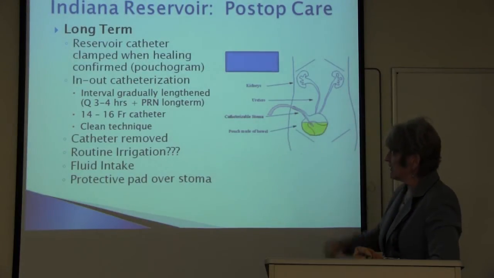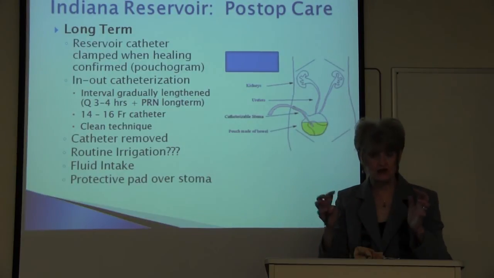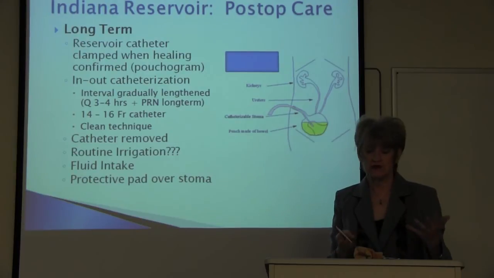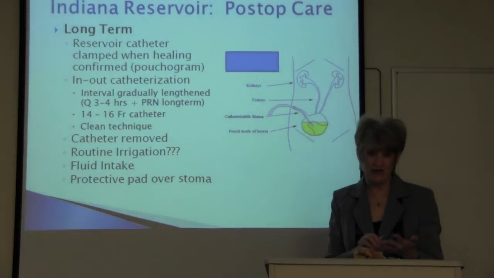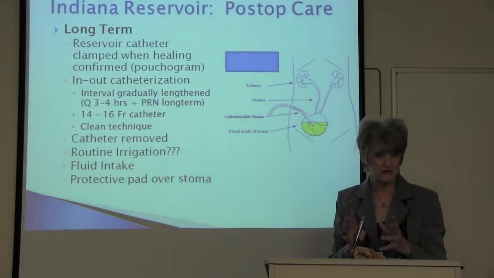As we've talked about before, with in and out catheterization, you gradually lengthen the interval because you're gradually stretching the reservoir. Most of the time they have them start out with catheterization every 1 to 2 hours because usually your reservoir holds about 60 to 75 at baseline.